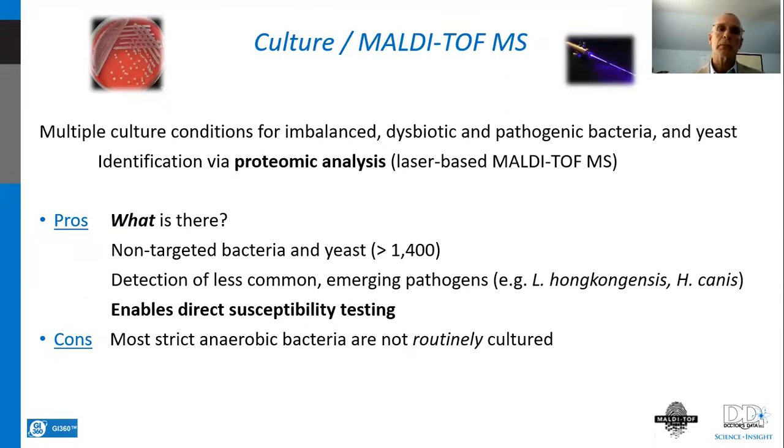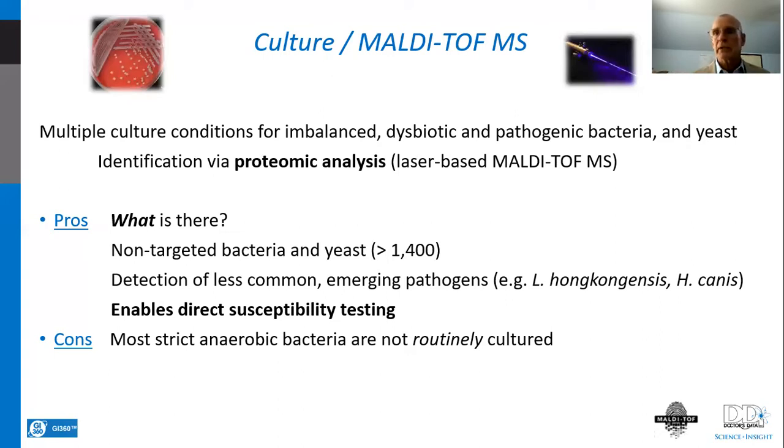We use multiple culture conditions for imbalanced, dysbiotic, pathogenic bacteria, as well as yeast. And we then identify the microbes via proteomic analysis, that is the laser-based MALDI-TOF MS. So unlike PCR that asked, is it there? The culture asks, what is there?